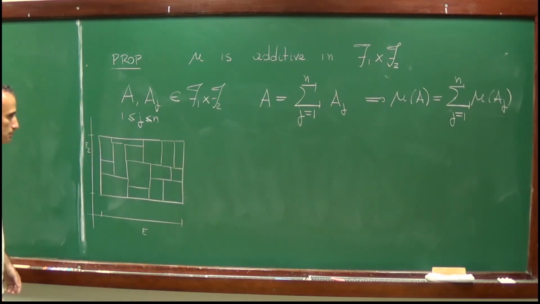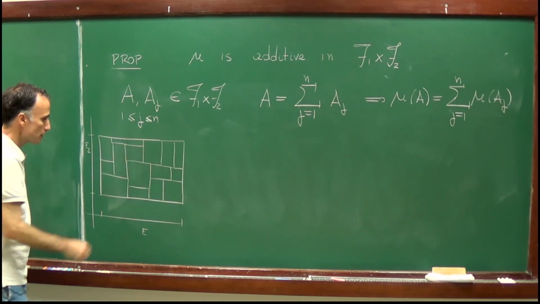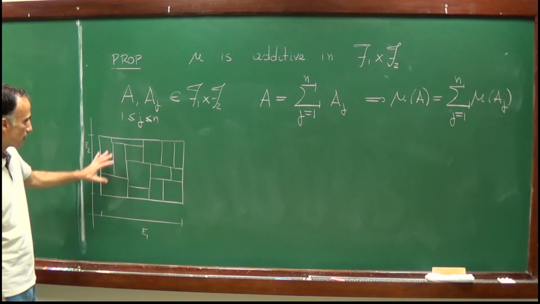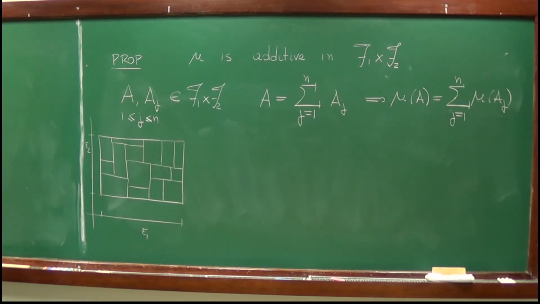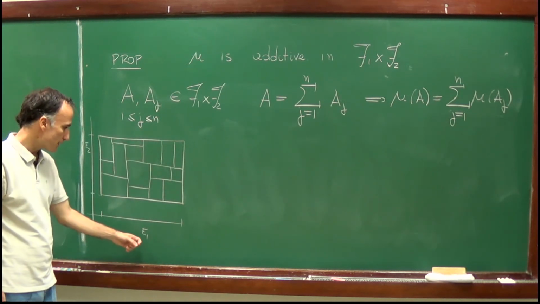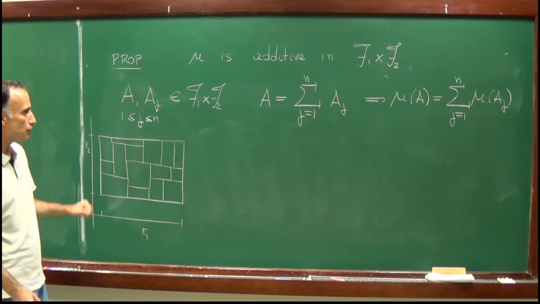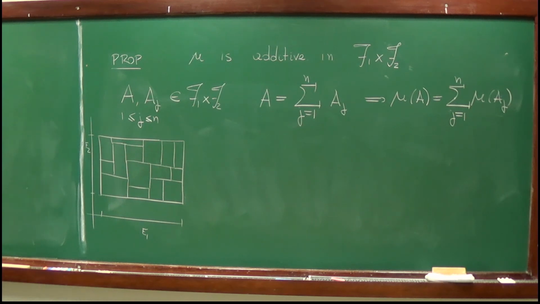So here's an example. I represented E1 times E2 as the union of all these rectangles, and what I want to show is that the measure of E1 times E2 is equal to the sum of the measures of these smaller rectangles.